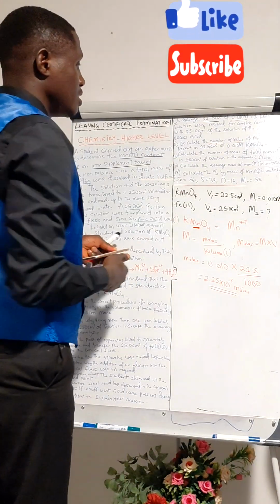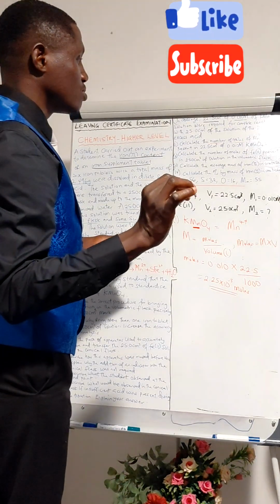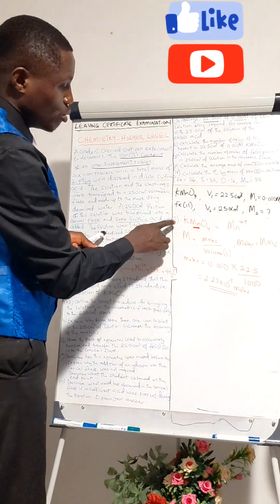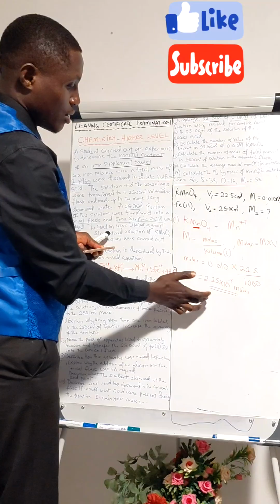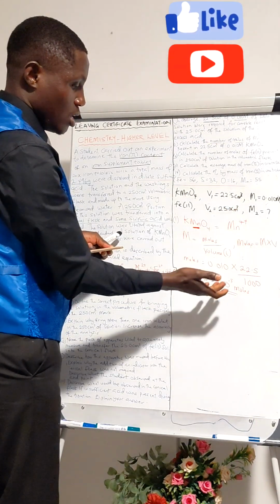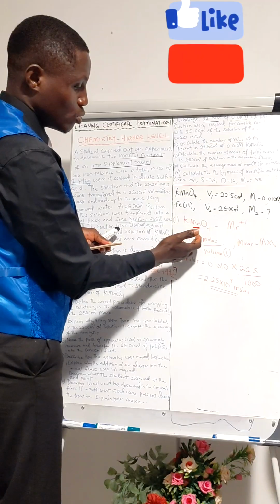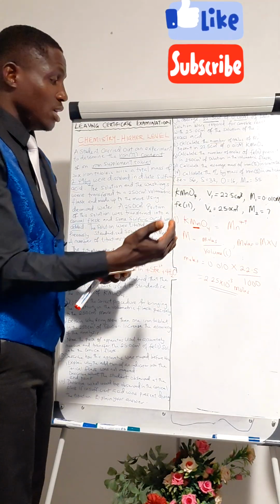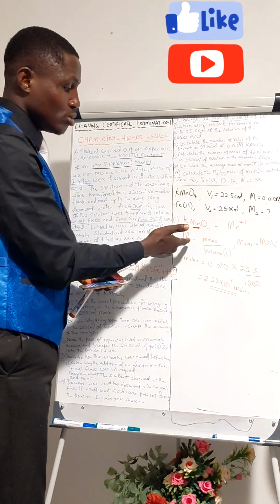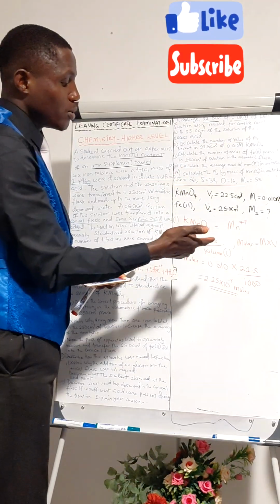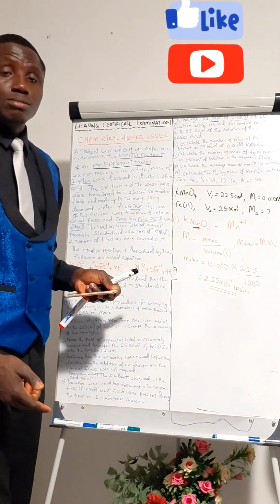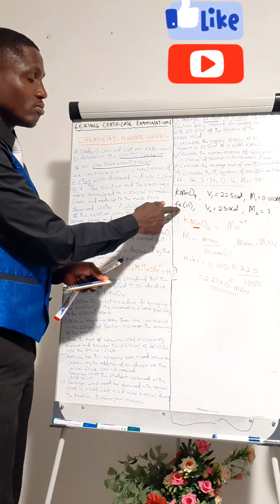Now calculate the number of moles of iron 2 present. See how we calculate the number of moles for Mn7+. We actually use molarity equal to moles over volume. The same thing is applicable to the iron 2 solution. You must use moles over volume. But the question now comes, how do we get the molarity, which is M2, of iron 2?